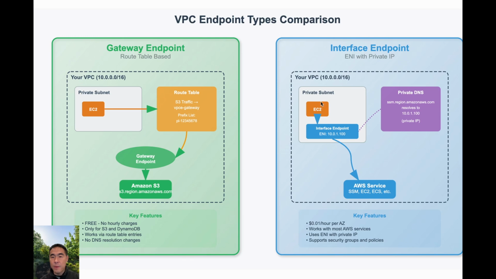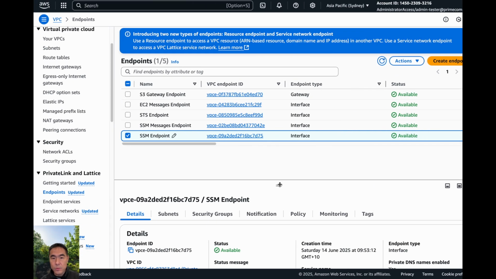And for my private EC2 instance to know about the AWS service, they actually insert an elastic network interface, or an ENI, right into your subnet with a private IP address. So no routing required. It uses private DNS, as we can see here in the console.